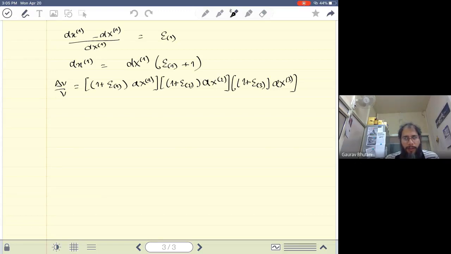So that's the volume in the deformed configuration, and I can subtract the volume in the undeformed configuration, that's this, divided by the volume in the undeformed configuration.